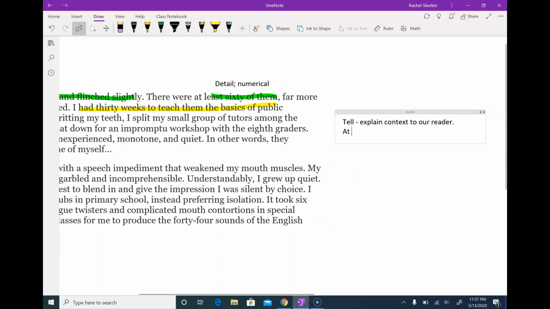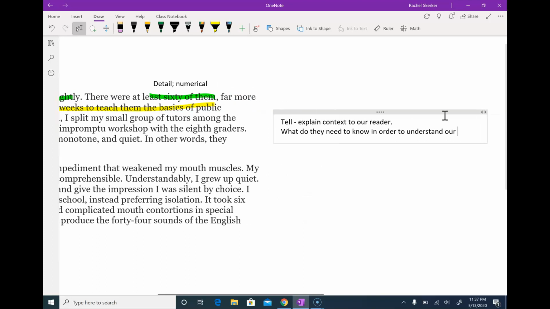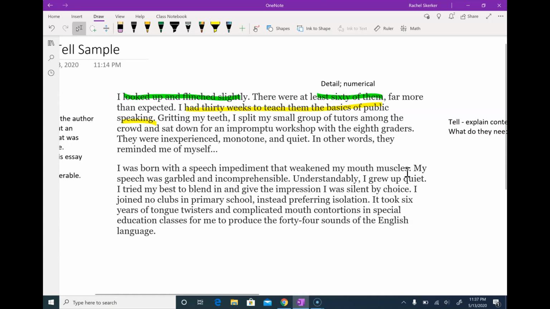Okay, what do they need to know in order to understand our experience? Okay, if you're talking about something that's unique to Livingston High School, something unique to your family or to your culture, that's when you can use tell to briefly indicate to your reader, hey, this is what I'm talking about.